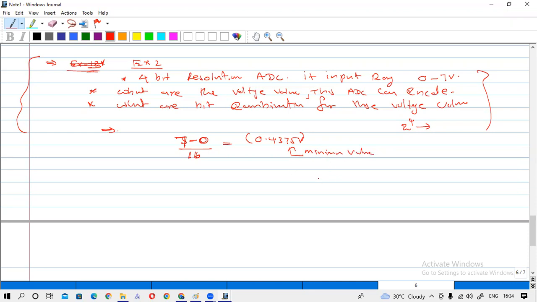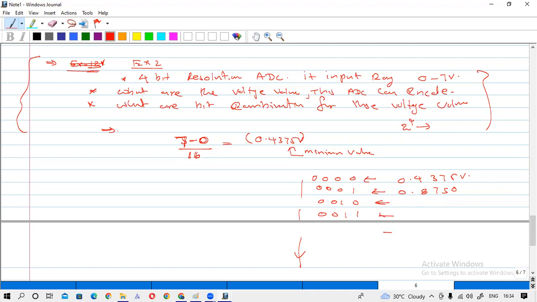You have 16 combinations like this: 0000, 0001, 0010, 0011, and so on. The first you can represent using 0.4375 volt. The next is double of this one, 0.875, and then again you add 0.4375.